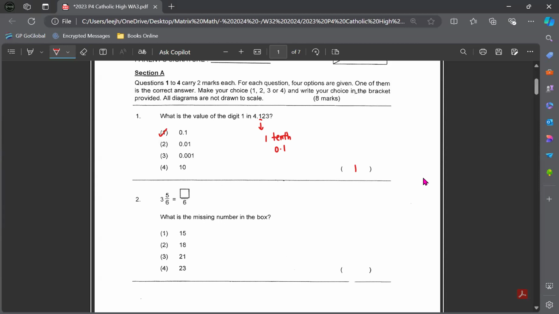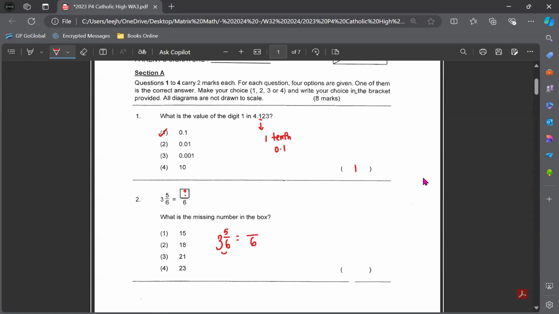Question number 2. 3 whole 5/6 equals to how many over 6? So what is the missing number in the box? So I need to find what is down here. So you know that 3 wholes 5 over 6 equals to something over 6, which means how many 6 are there in 3 wholes and 5/6?